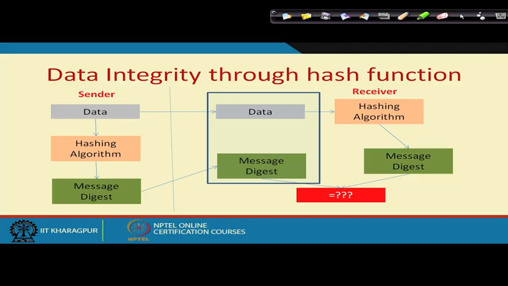Data integrity means that the data that you are sending is actually the same data which is received by the receiver. The receiver may not receive the same data, as we have discussed. The data part can be modified, the content can be changed, the sequence can be changed and so on. Therefore, both the data as well as the message digest are sent to the receiver.